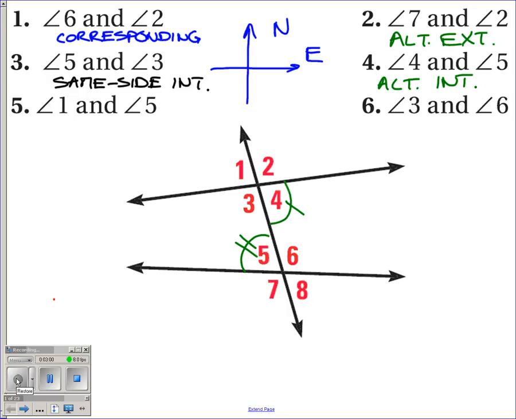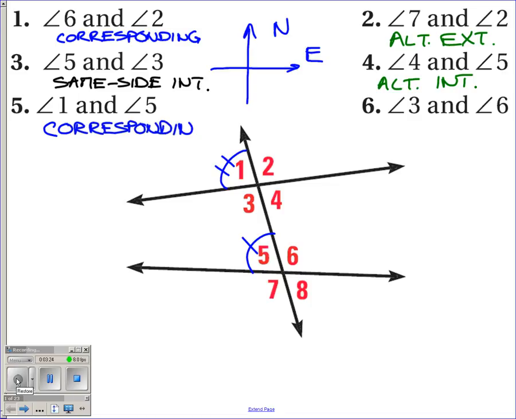Well, let's take a look at angles 1 and 5. Here's 1, here's 5. Again, looking at the compass, this looks like northwest side of these intersections. So these are, again, corresponding angles.